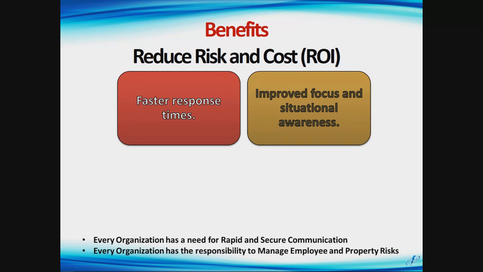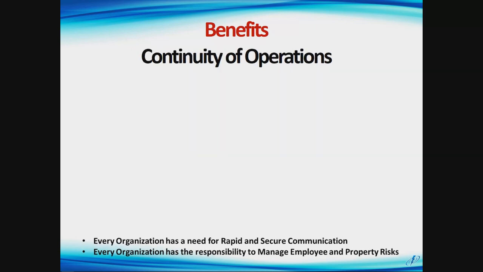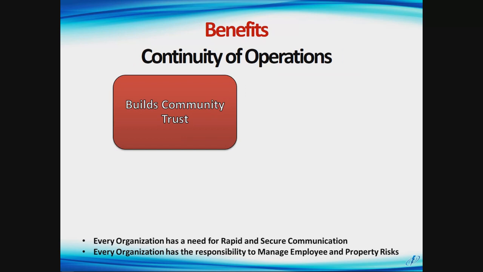We want to be able to maximize in-place resources and reduce any confusion and associated costs. As we described earlier, the continuity of our operations also has extra tangible benefits. We can build community trust as we integrate our systems within the communities of concern around us.